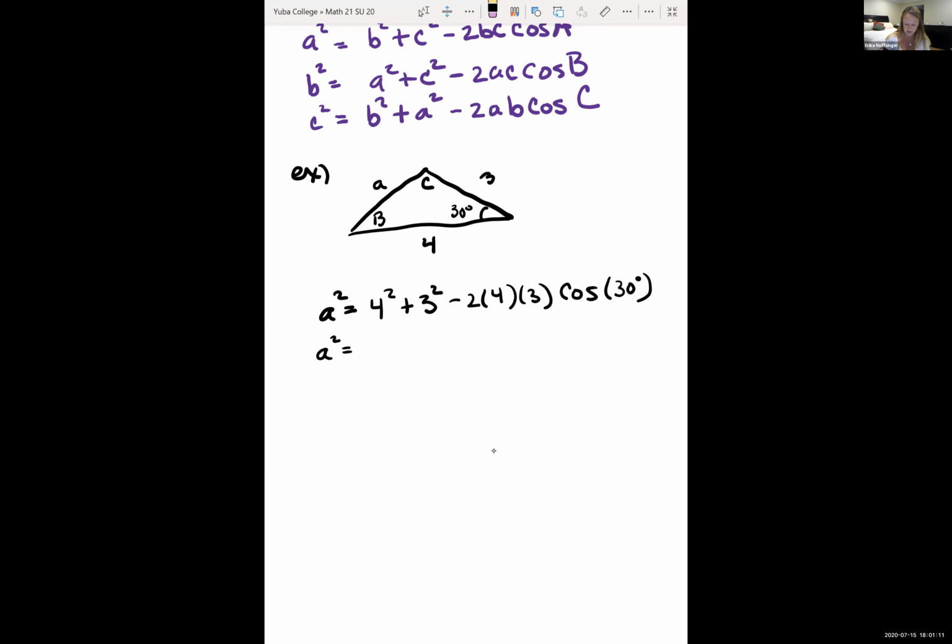So A squared equals 16, 4 squared is 16, plus 3 squared is 9, minus 2 times 4 is 8, 8 times 3 is 24, so minus 24 times cosine of 30 degrees, which you should know is root 3 over 2.